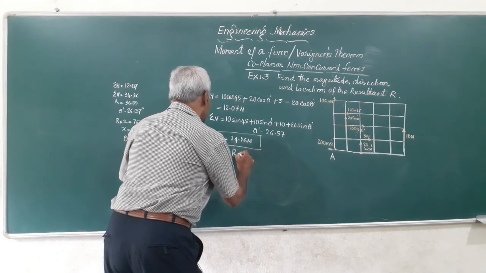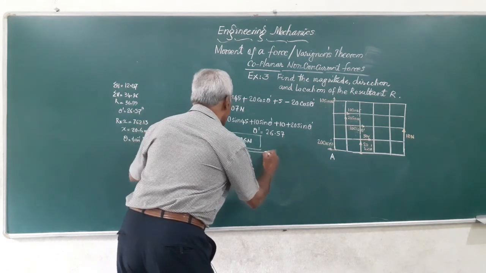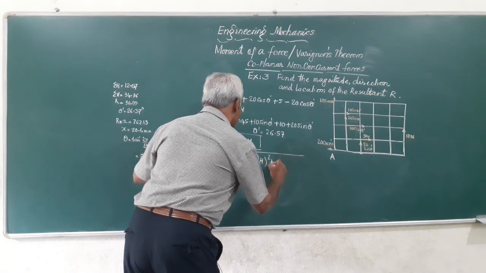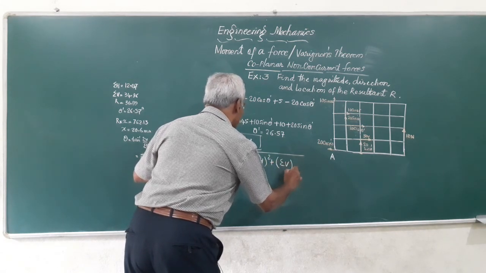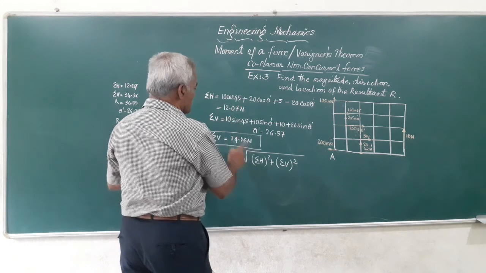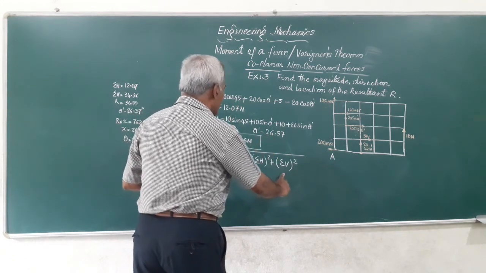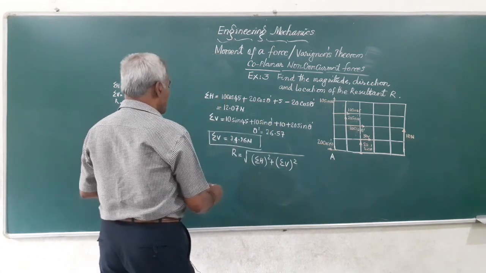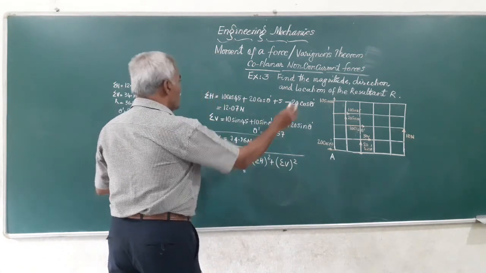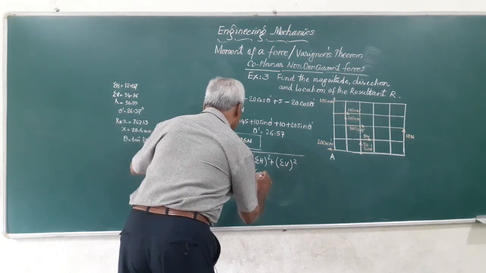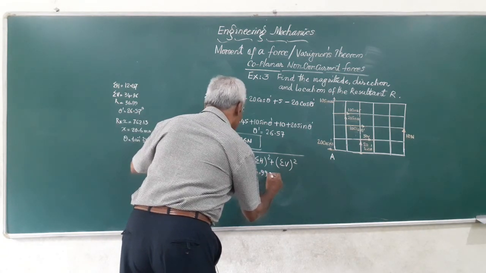The resultant of these two is given by square root of sigma H square plus sigma V square, and if you have both the values, sigma H is 12.07 square and this is 34.96 square. If you simplify, you get the resultant of the whole system of forces as 36.99 Newton.